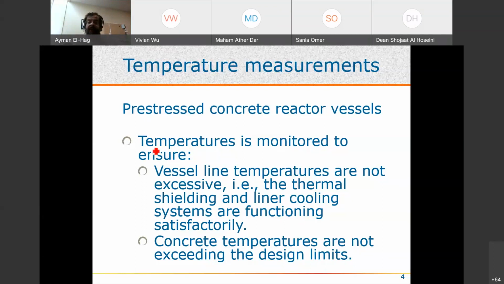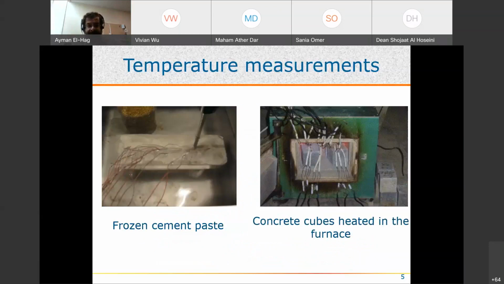Also, the concrete that makes up this structure starts to crack if the temperature exceeds a certain value. And this is very, very important to monitor. How do we do that? These are just two examples of how we monitor the temperature of concrete at two different extreme temperatures. This one is at frozen temperature.